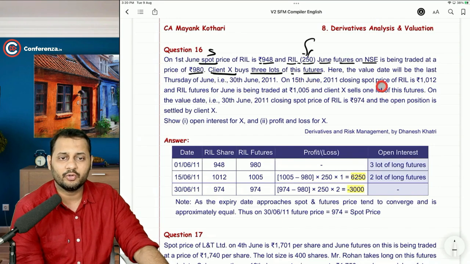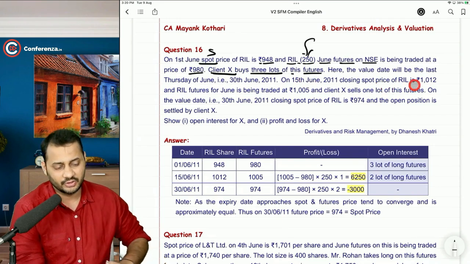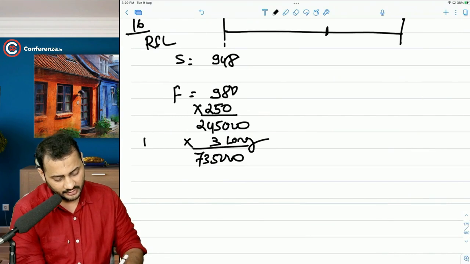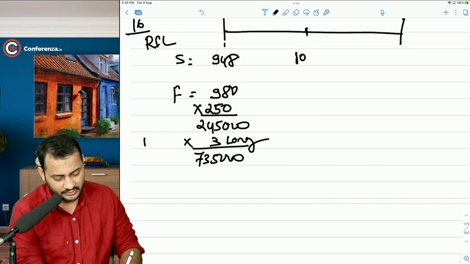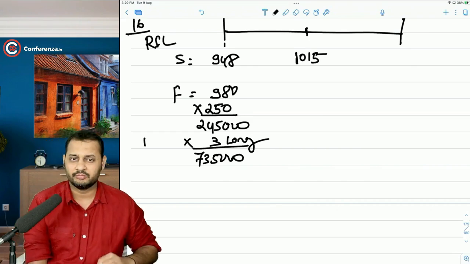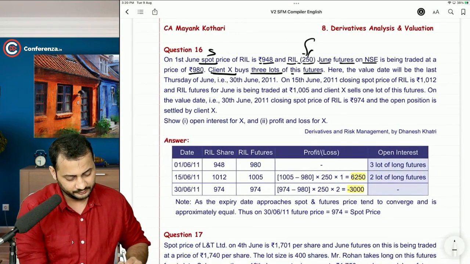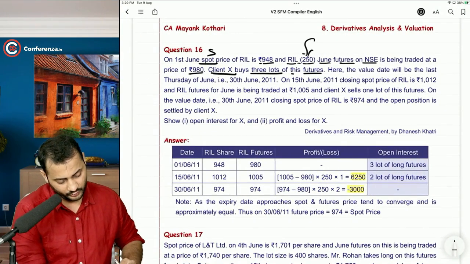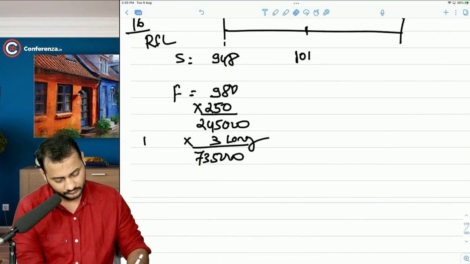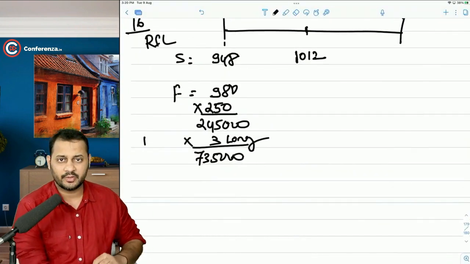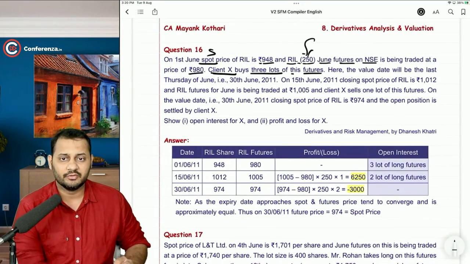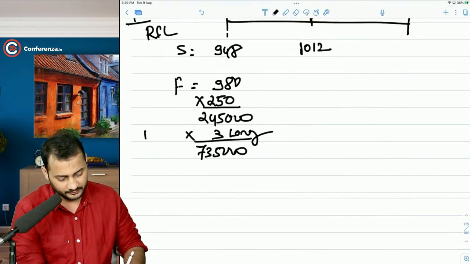After 15 days, the closing spot price of RIL is 1012. In the middle of the month, we are right now here. We don't have to do much with this price. 1012 is the spot price at 15th June, and the futures price is 1005.